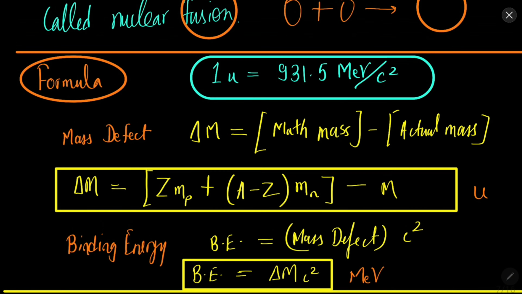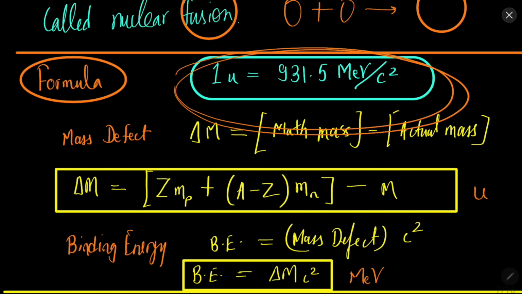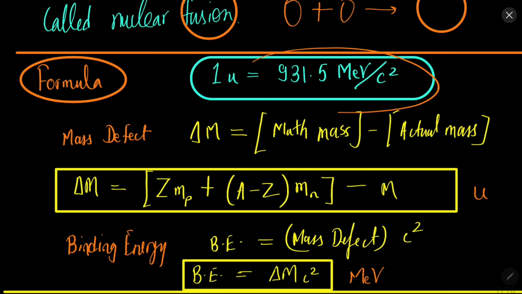And how can we find the binding energy? Binding energy is simple: mc square, that is, mass defect into c square. So this will give us the binding energy in MeV. Mass defect was in u. Remember, 1 u can be directly converted into MeV. It is 931.5 MeV per c square.